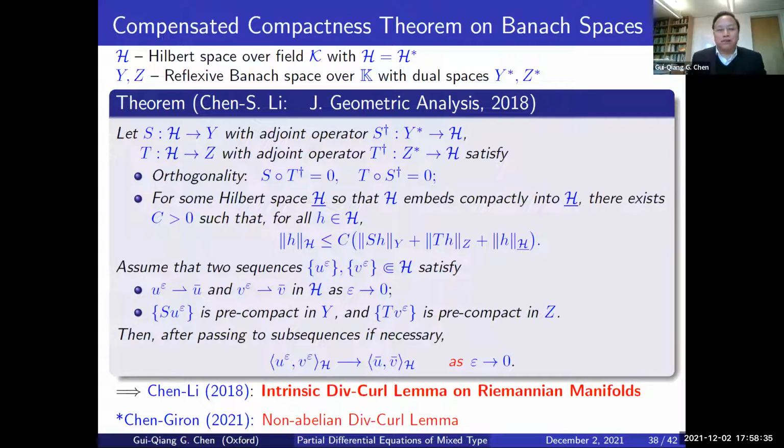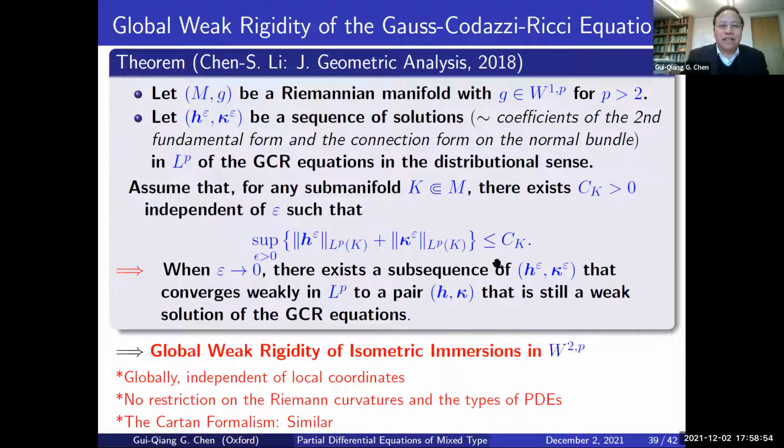It turns out to be very useful to get this weak continuity on a Riemannian manifold, intrinsically and independent of coordinates. This has also been further generalized recently with my student Siran and Gui-Qiang, to an even more general setup. It turns out we can use that for the weak continuity of the Gauss-Codazzi equations for a general surface on a Riemannian manifold, independent of local coordinates, globally.